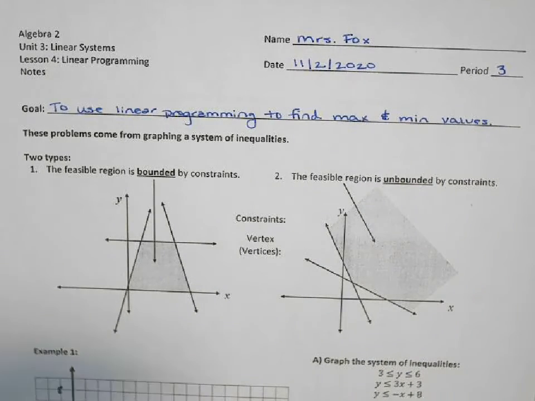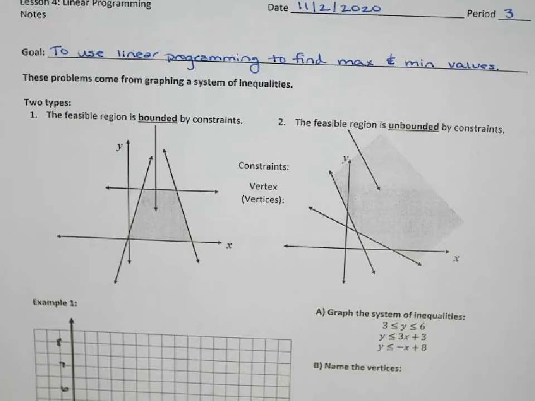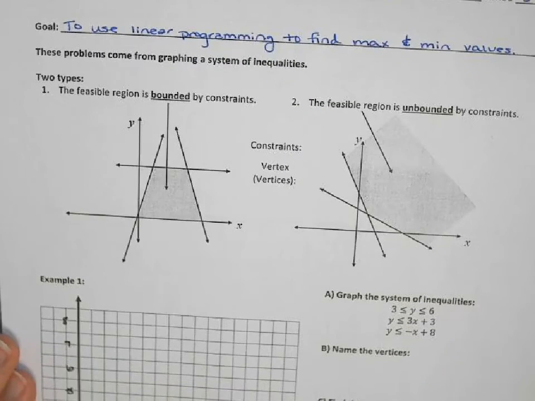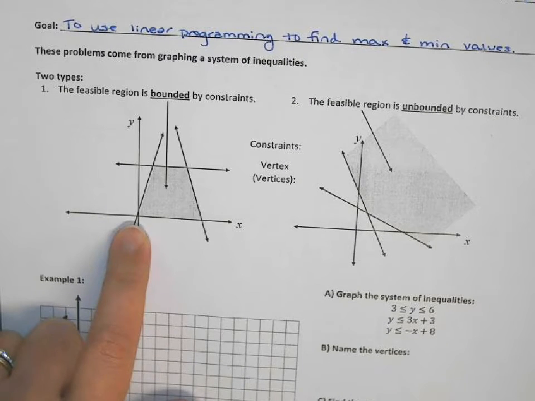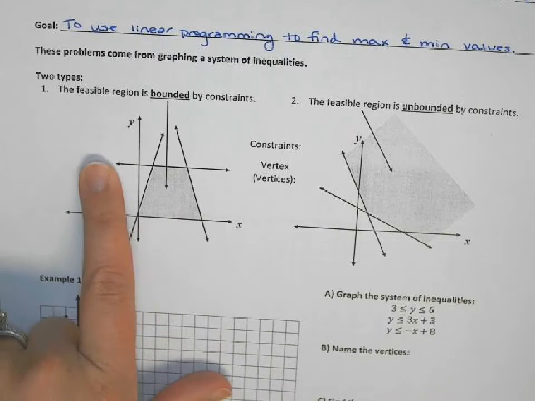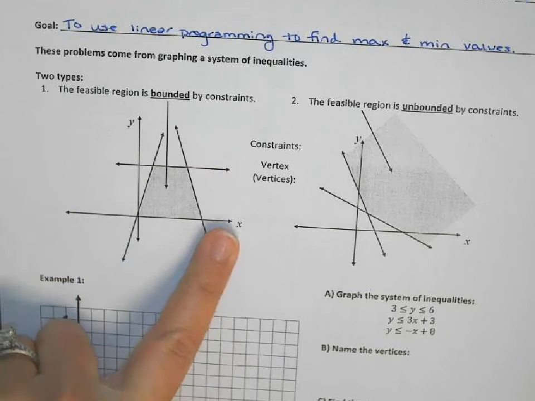And so what this is, we are going to be graphing a system of inequalities. Now this system would have 4 inequalities that make it up.